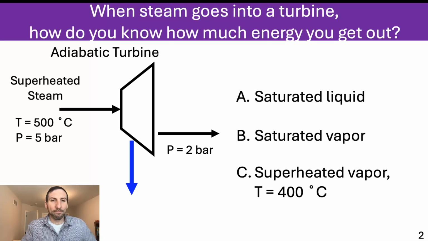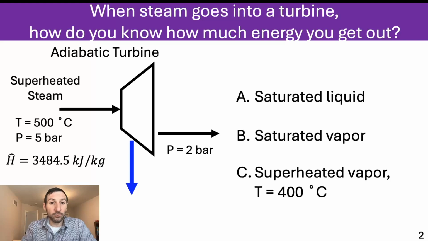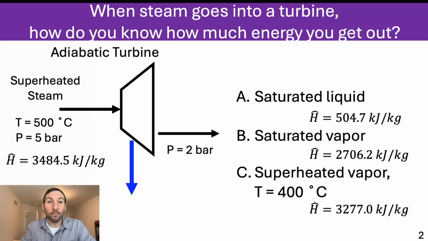Now, if we look at our system, we have enthalpies for our inlet and outlet options. Looking at our inlet, that initial enthalpy is going to be 3,484.5 kilojoules per kilogram. And then we've got different exiting enthalpies for the different types of water we have exiting.